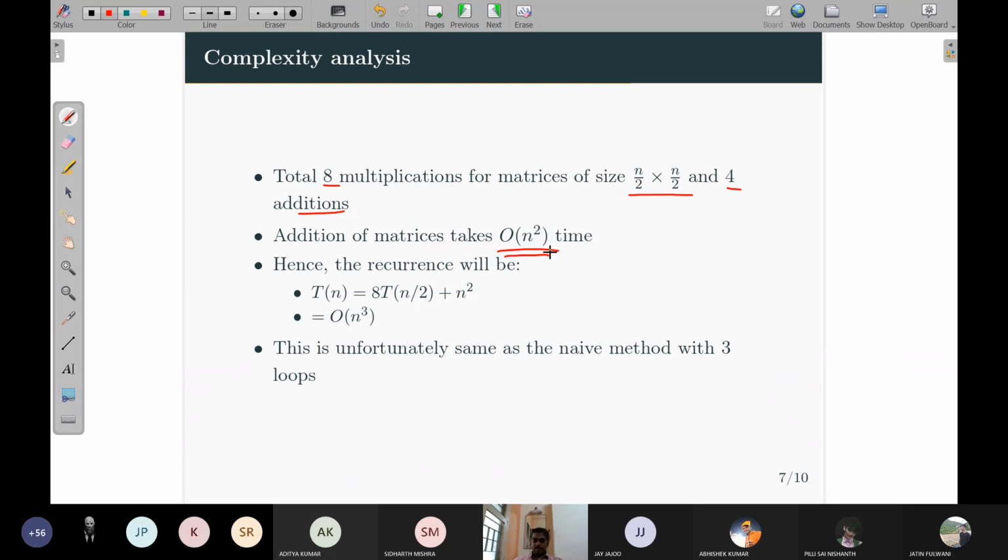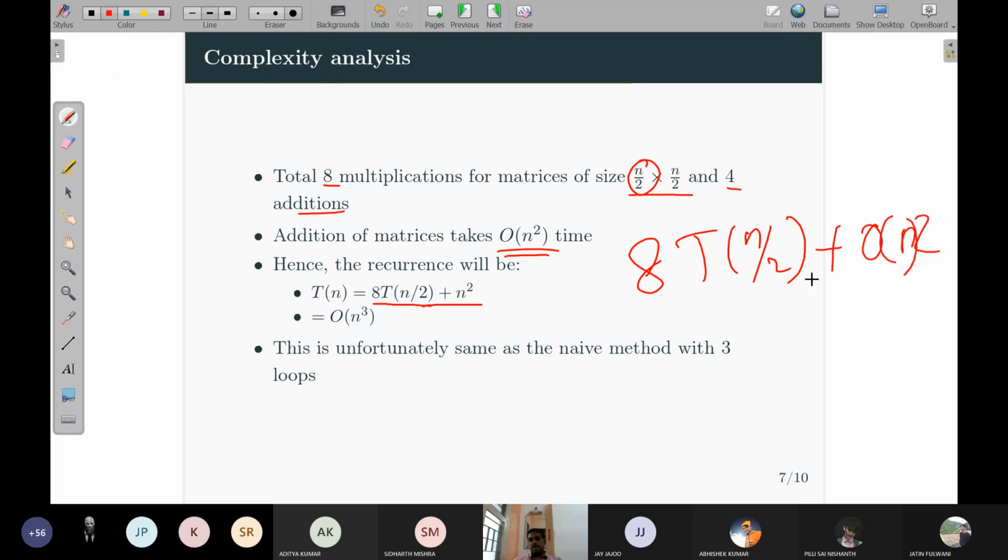Hence the recurrence will be T(n) equal to 8T(n/2) plus n square. 8 times we are calling the same function for size n by 2, so it is 8T(n/2) plus 4 additions, which take big O of n square. While writing the recurrence, you can drop the big O and just write n square. If you solve this recurrence, again the complexity will be big O of n cube.